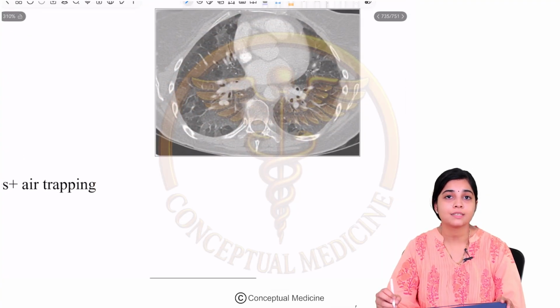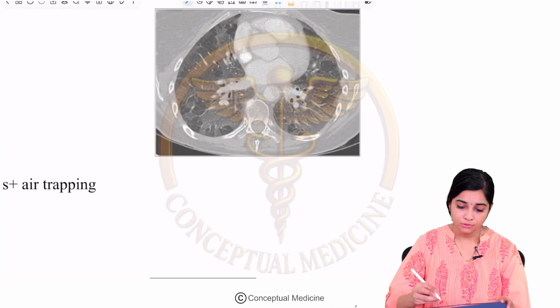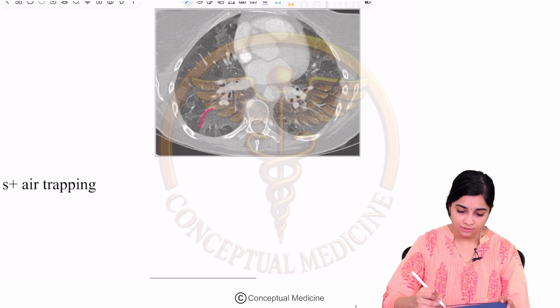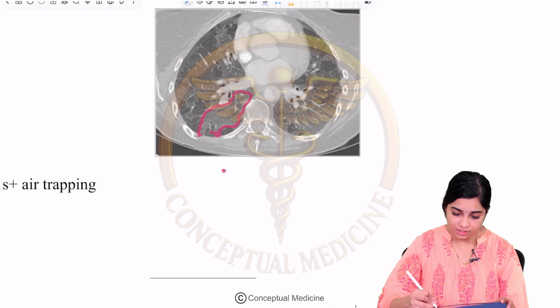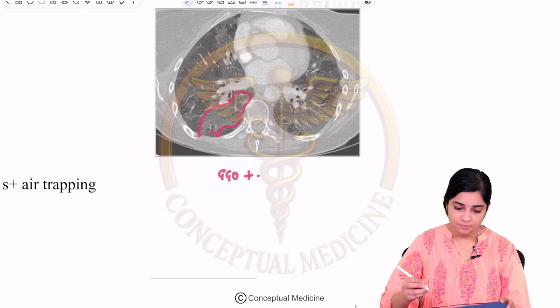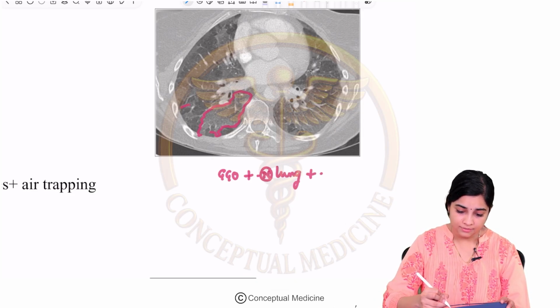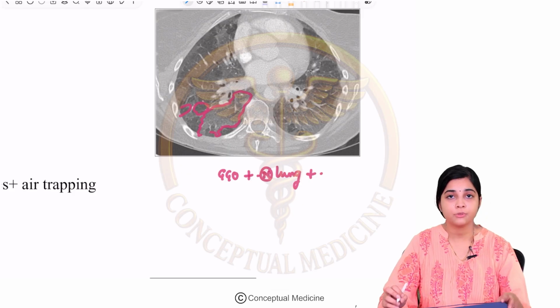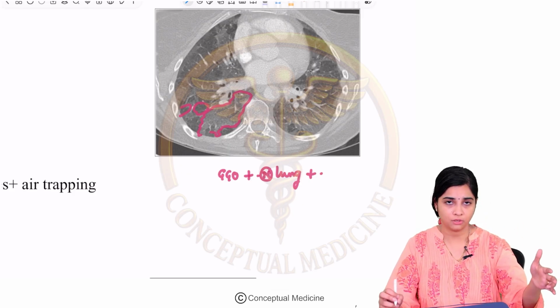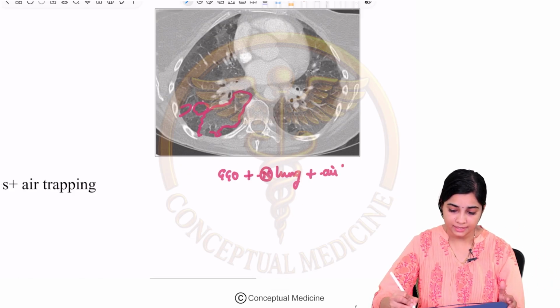Whenever there is a subacute form of HSP, you can find areas of white appearance, which are called ground glassing, plus areas of normal lung. There are also areas of hyperinflation, which are much darker when compared to the normal lung because of air trapping.